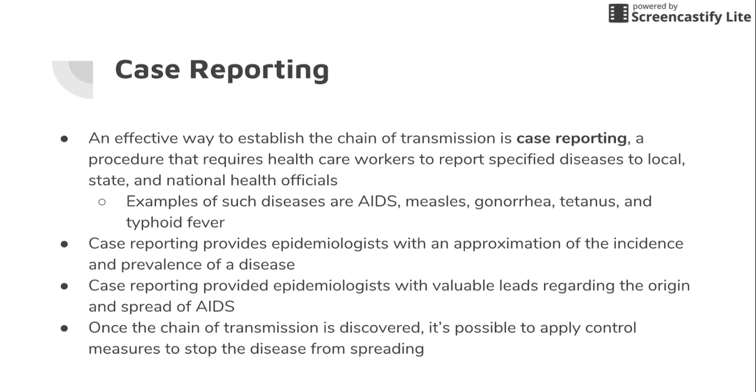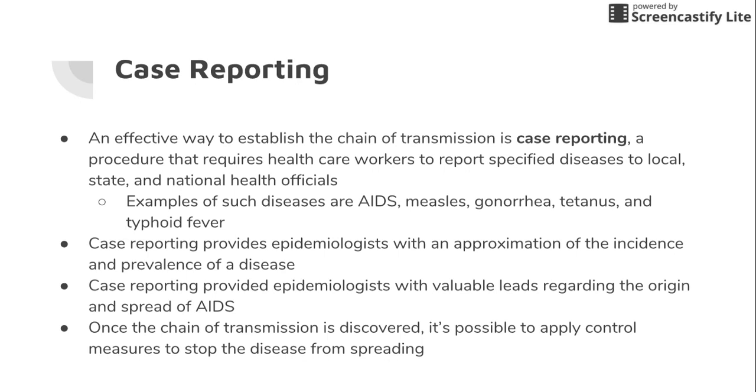So local, state, and national health officials are over this. So such diseases as AIDS, measles, gonorrhea, tetanus, and typhoid fever. You have to know who has it and who doesn't.